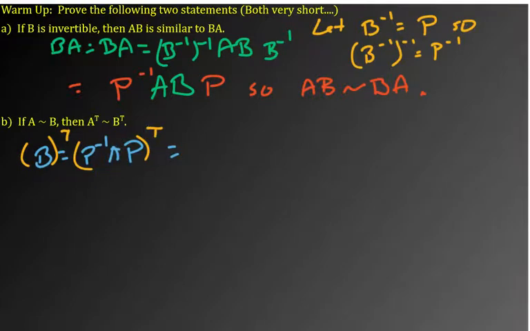I'm going to use the socks and shoes transpose property, so we have P transpose, A transpose, P inverse transpose. Then I'm going to use another property of transpose, which is that you can commute these two, you can swap those.